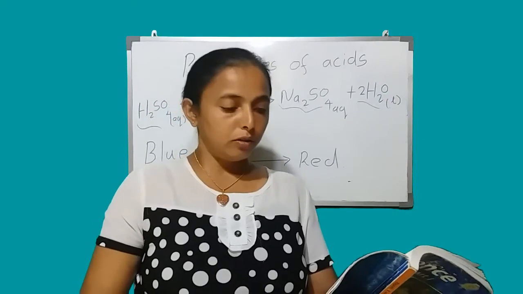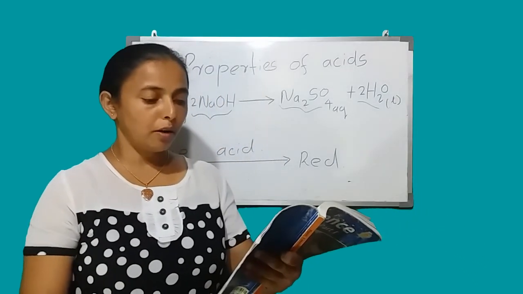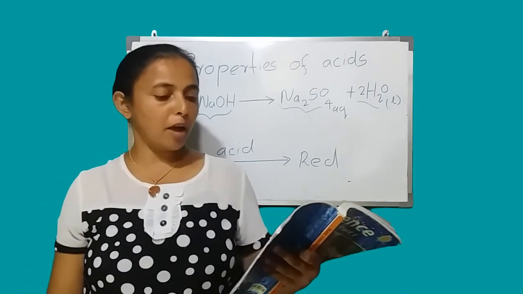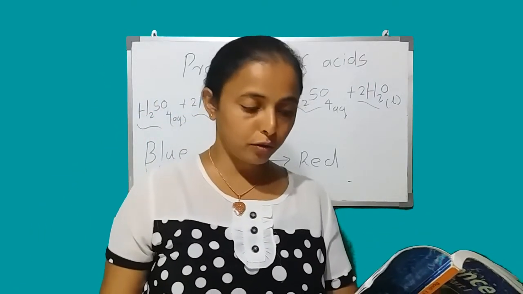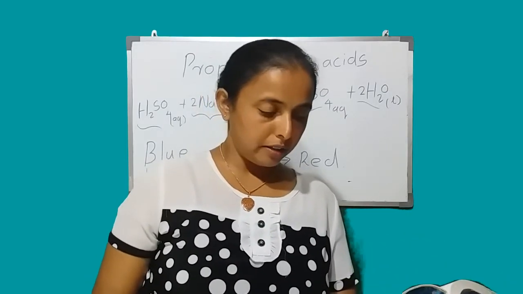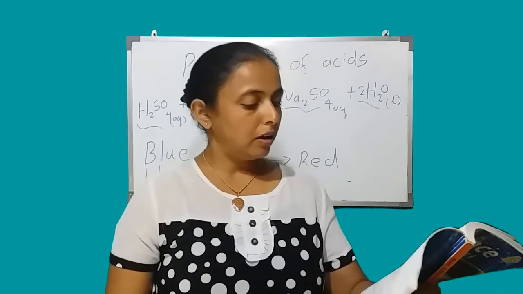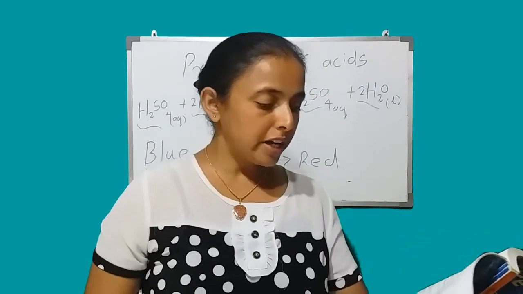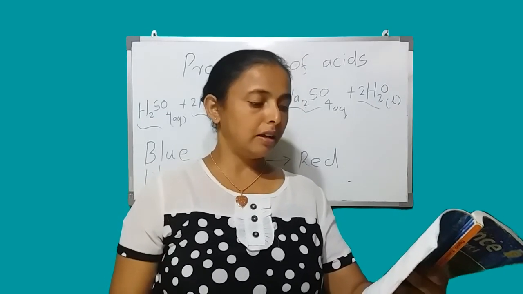Then uses of sulfuric acid: production of fertilizers such as ammonium sulfate and triple superphosphate. Another is making battery acid, and production of paints, plastics and detergents.